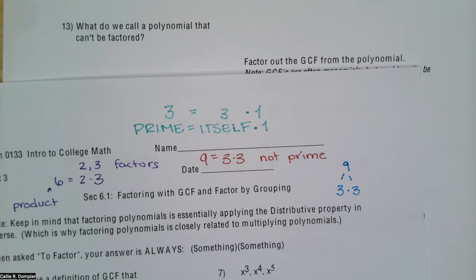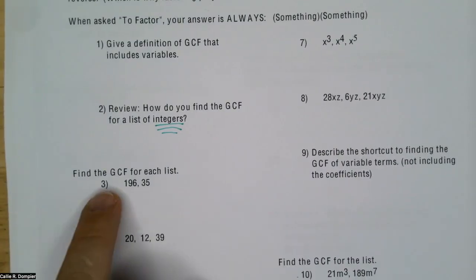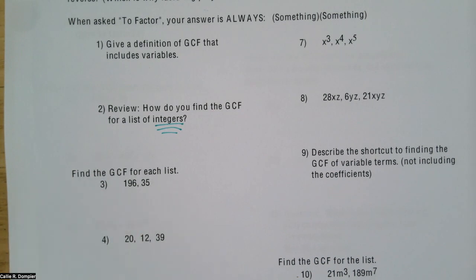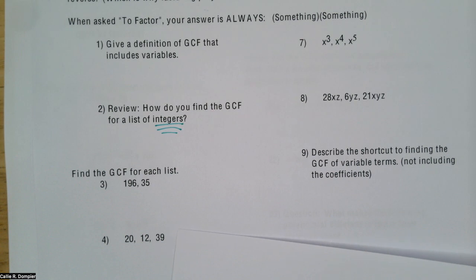So if we want to find the greatest common factor for this list of 196 and 35, what are we going to do? We are going to factor each number. So if we factor 196, what do we get? Or, better question, how do we factor 196?